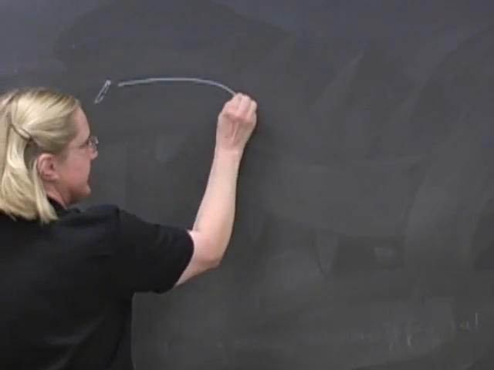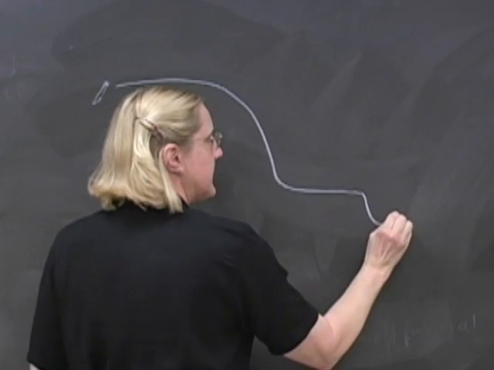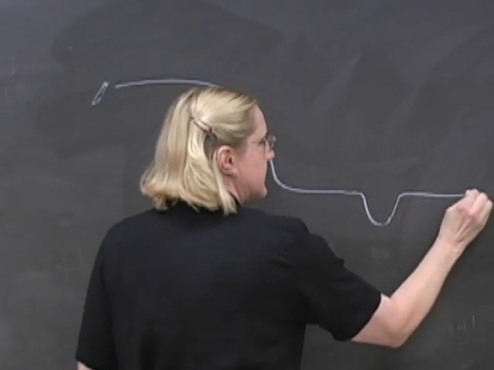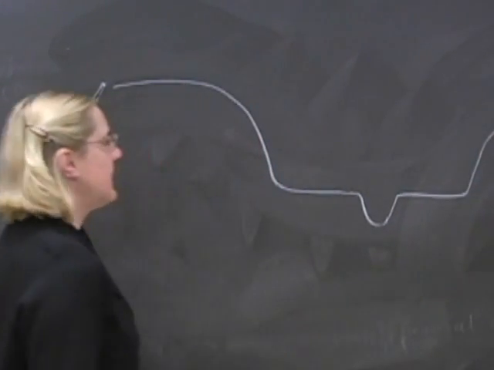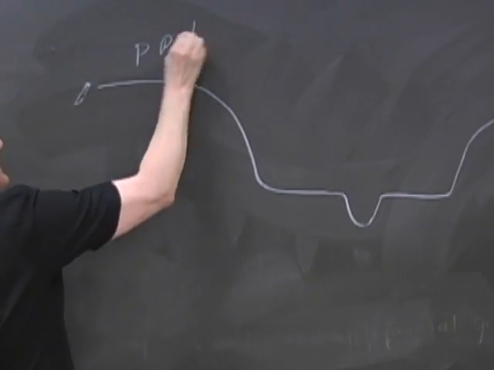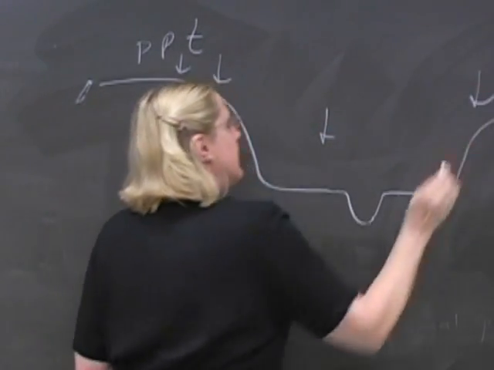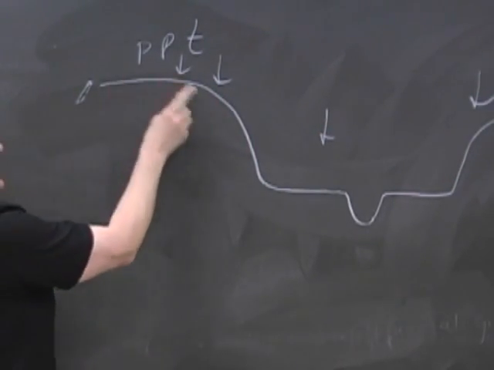First, the hydrologic cycle. I'm going to draw a cross-section of a stream. Here's the stream valley, here's the stream channel, and the stream valley. And when we have precipitation falling, PPT, on the Earth's surface, the precipitation can do two things.